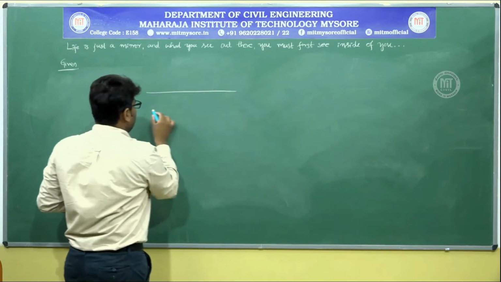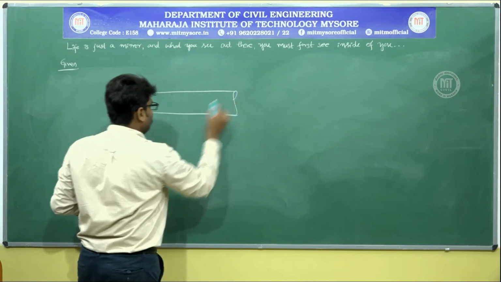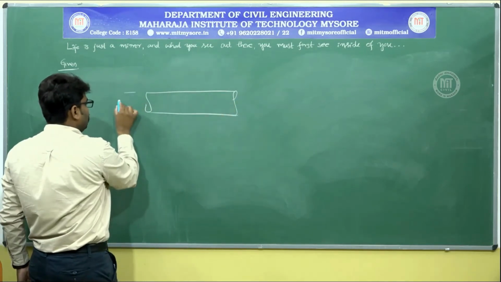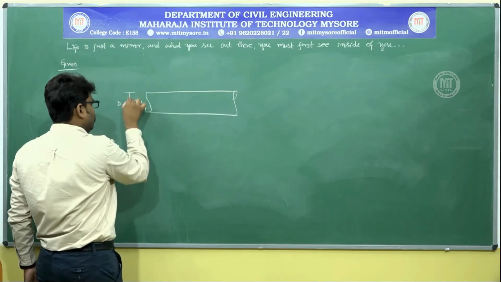Now, I will draw a shaft. The shaft is of diameter 0.4 meter, d is equal to 0.4 meter.